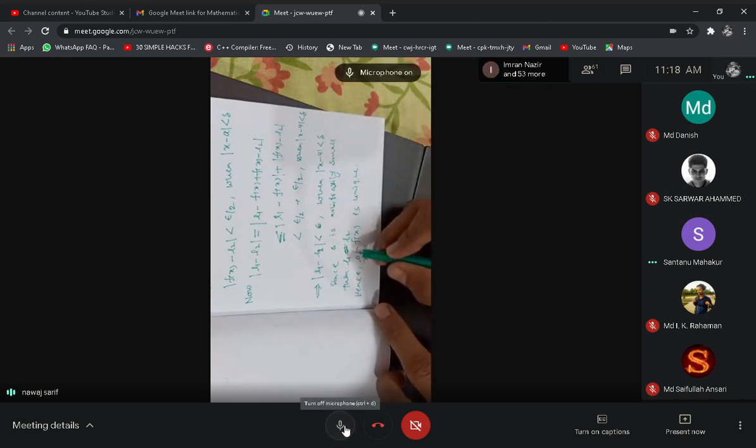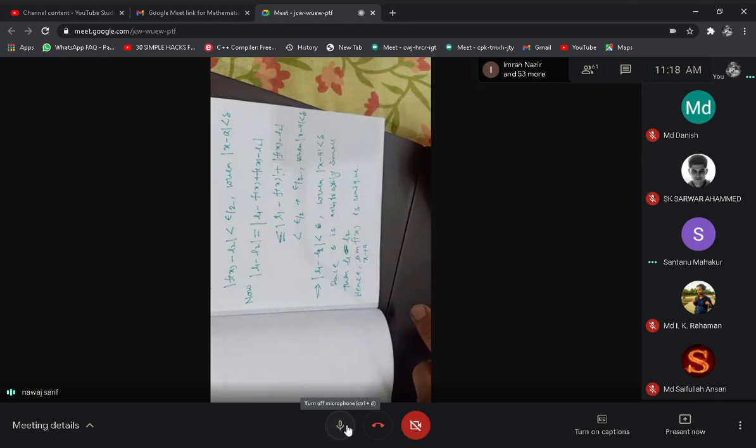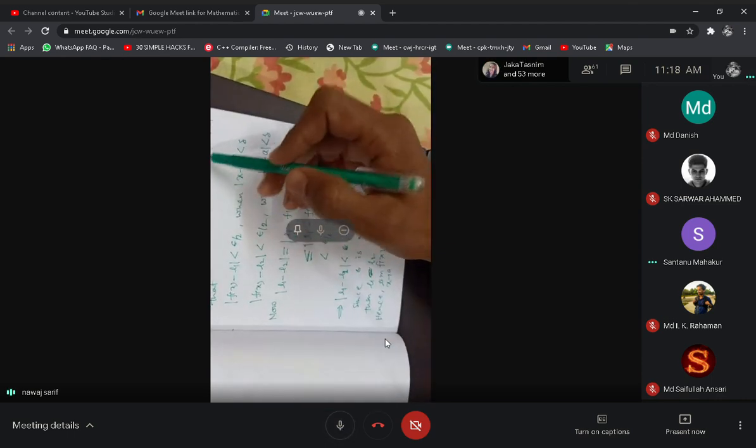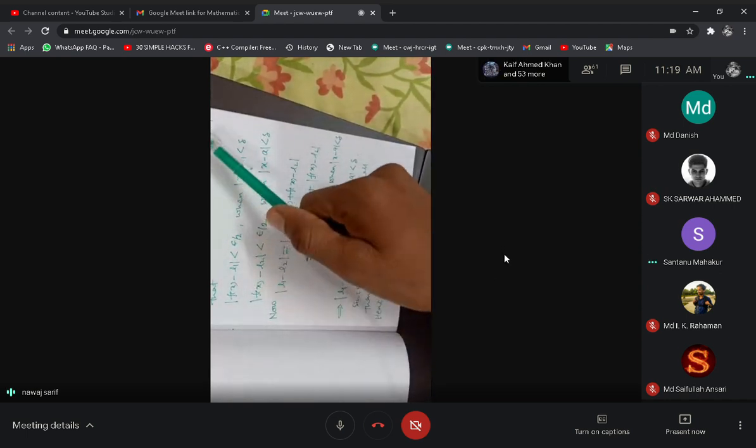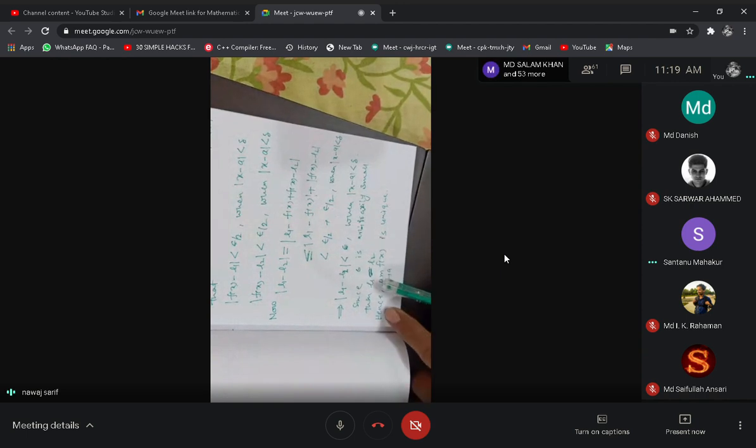That means we can say that L1 equal to L2. But we assumed that L1 not equal to L2. In the beginning we assumed that L1 not equal to L2, but we finished with L1 equal to L2. That means our assumption is wrong.